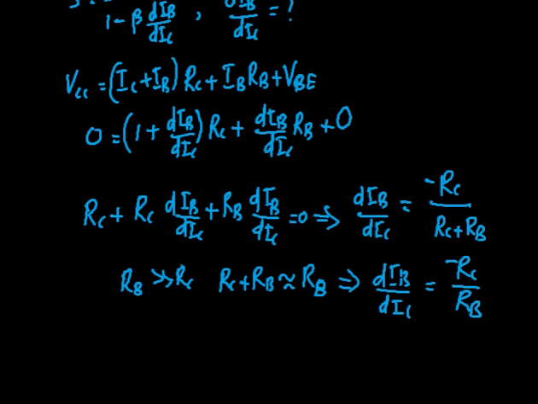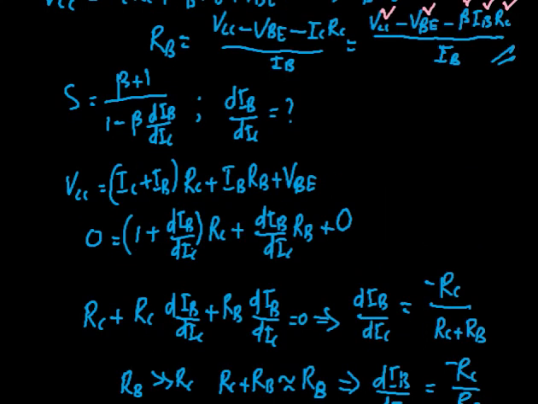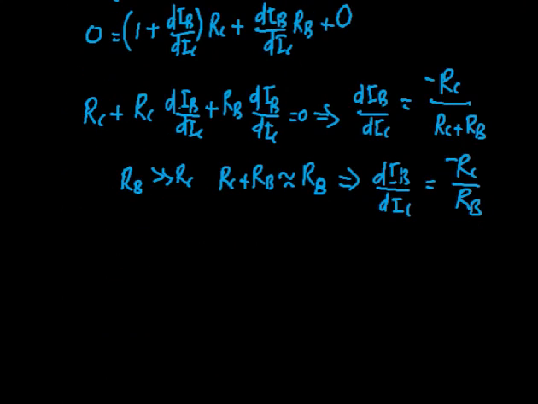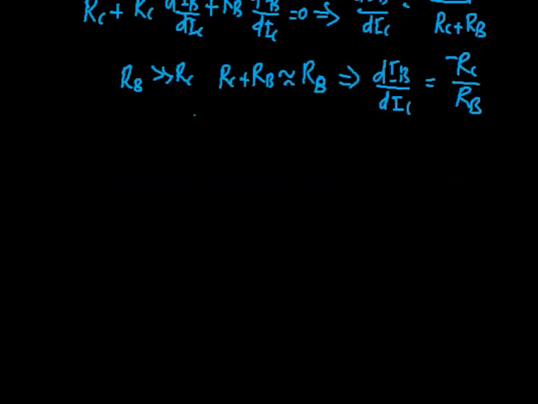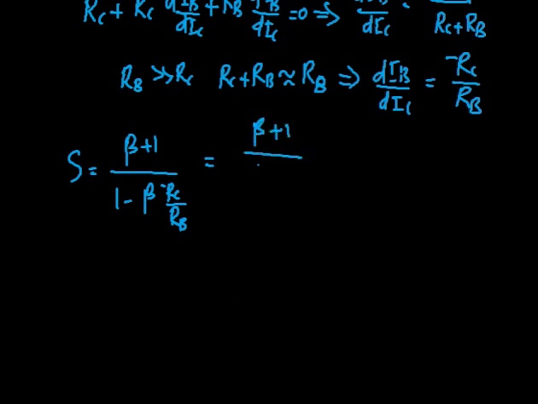Now if you substitute it in the expression for the stability factor, we will get S is equal to (beta plus 1) divided by (1 minus beta into dIB by dIC), where dIB by dIC is minus RC by RB. So it is equal to (beta plus 1) divided by (1 plus beta RC by RB).